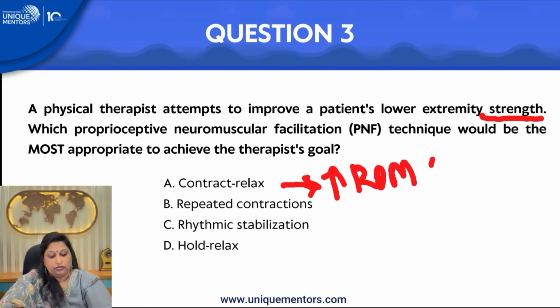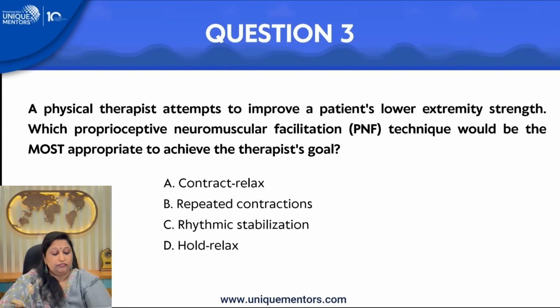Now coming to repeated contractions. Here, initially we will give a quick stretch followed by isometric contraction and isotonic contraction. This particular technique is usually used both to initiate and to sustain a contraction.